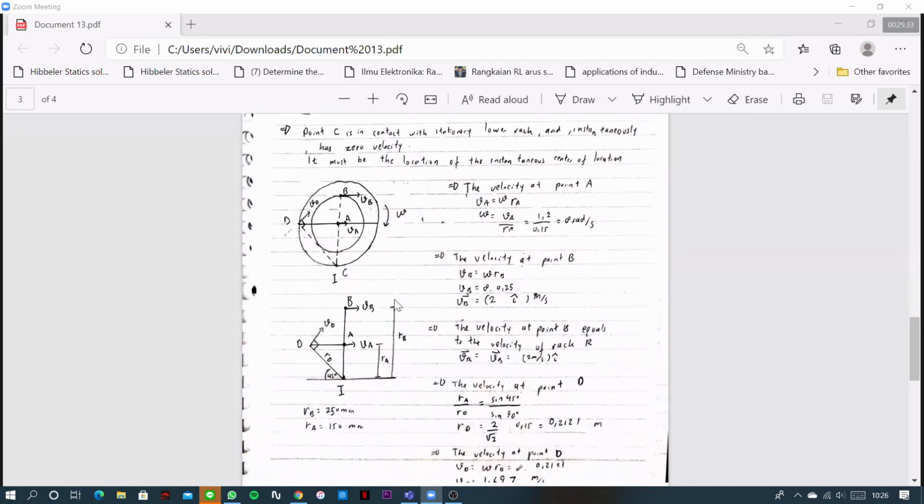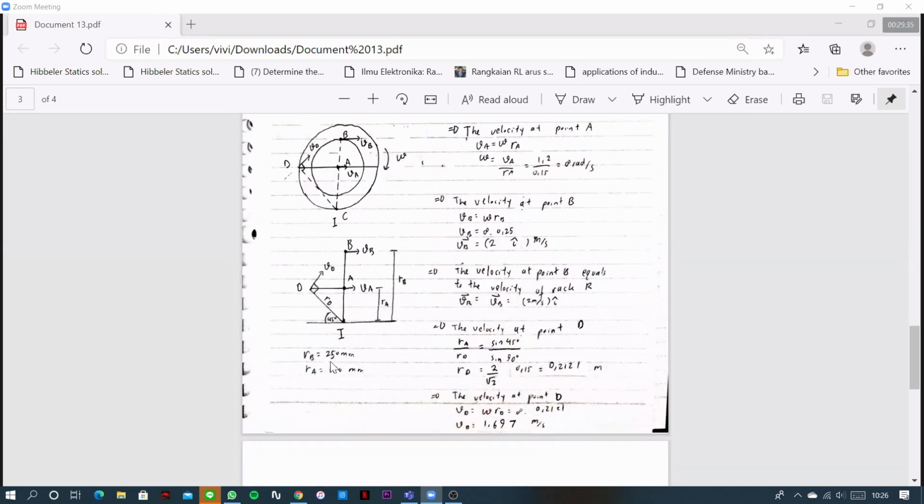And we know that the radius A is 250 millimeters and 150 millimeters, and radius B is 250 millimeters.